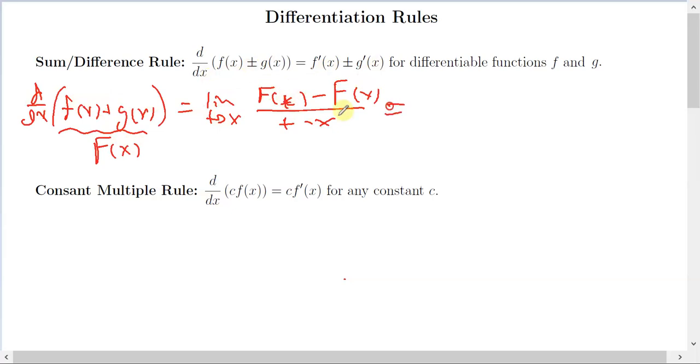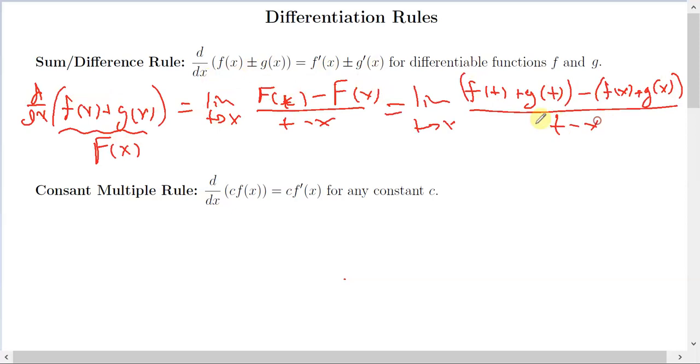So what I get is the limit as t approaches x of F of t, which is little f and little g evaluated and added together, minus F of x, which is little f and little g of x added together.